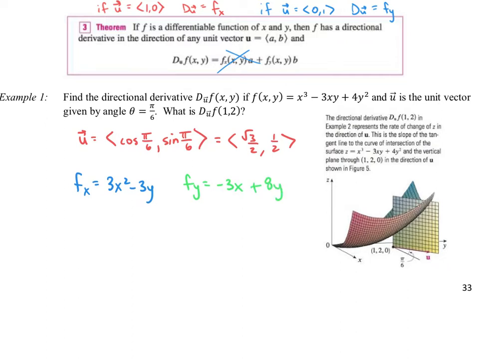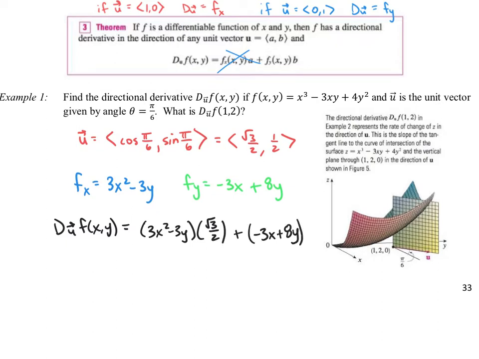And so for our directional derivative, we want to put all of this together. I'm going to write it just in general first. So we have the partial derivative in terms of x and y, which is going to be the quantity 3x squared minus 3y multiplied by the square root of 3 over 2 plus negative 3x plus 8y quantity multiplied by 1/2.